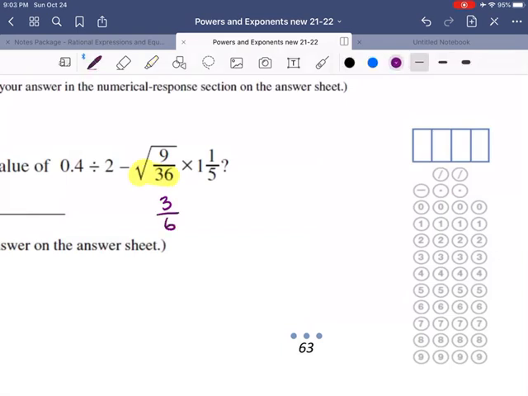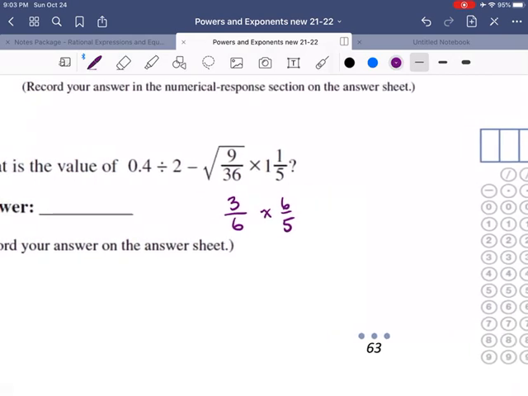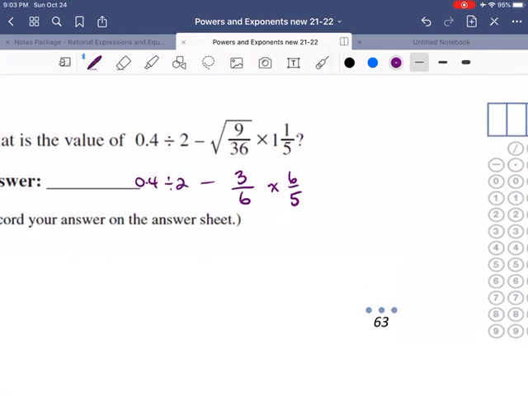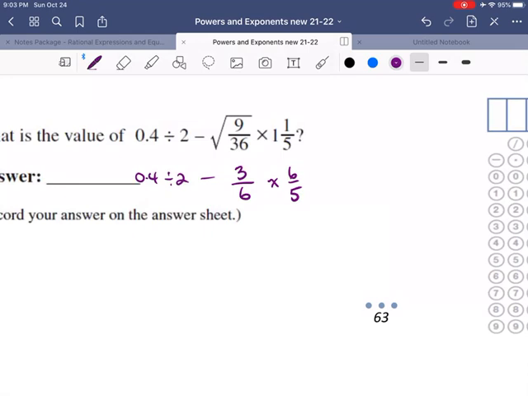Square root of 36 is 6. So let's reduce this to 3 over 6. And then I'm going to change 1 1/5 to 6 over 5. And everything else, I'm going to leave as 0.4. Okay, so 0.4 divided by 2 minus 3 over 6 multiplied by 6 over 5.